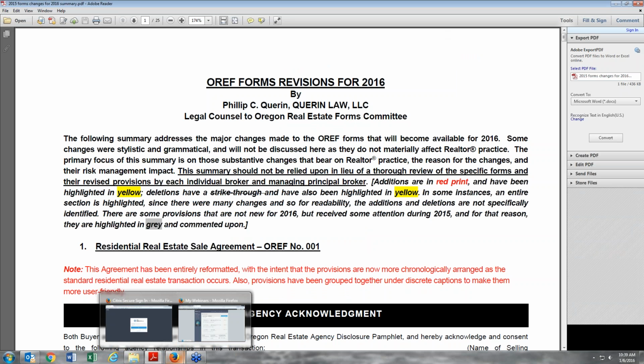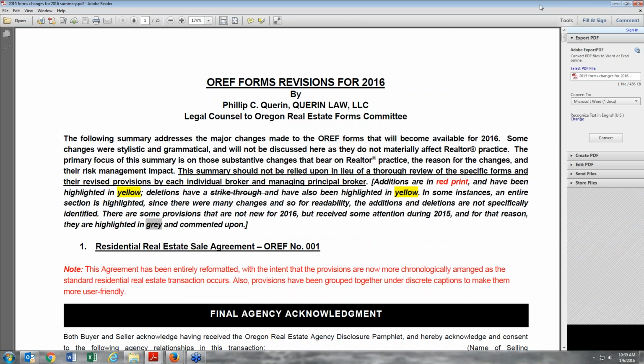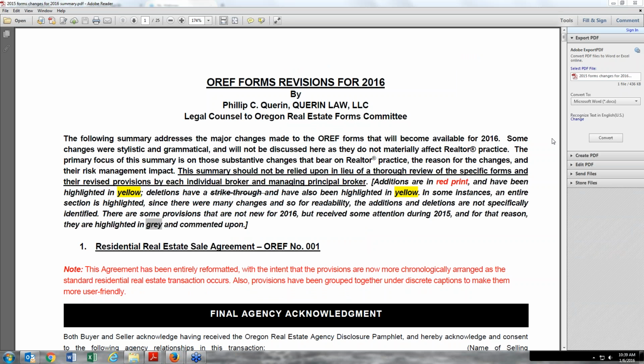And I think to start, you'll see at the top of the first page, there are areas in yellow, which represent the changes that were made to the sale agreement, either by way of addition or deletion. And then I have commented in red italics below the particular provision.